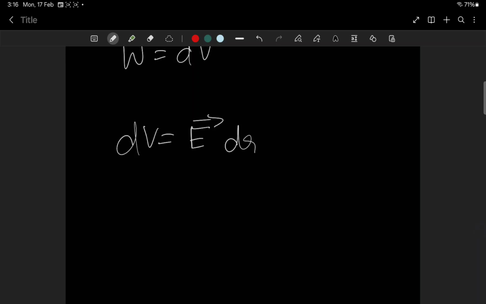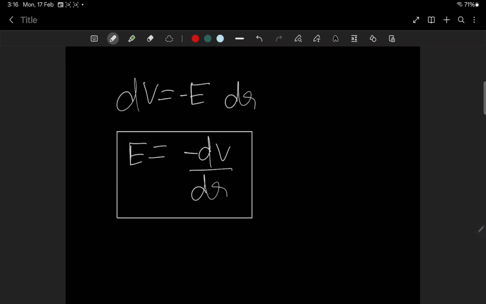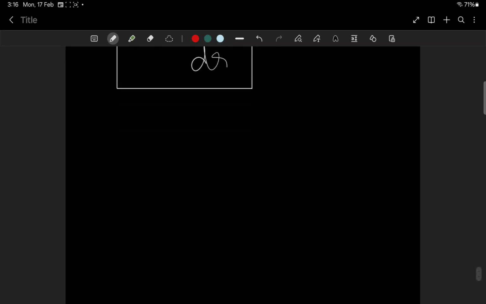W is equal to minus E dr. So then we will get that E is equal to minus dV by dr. Differentiate potential, you get electric field. And what does this negative sign mean?